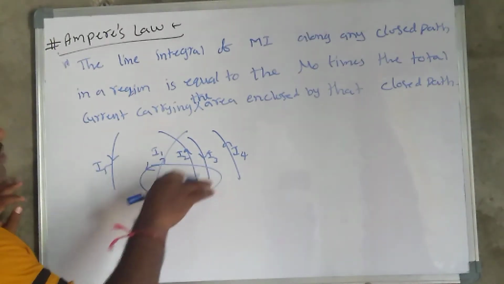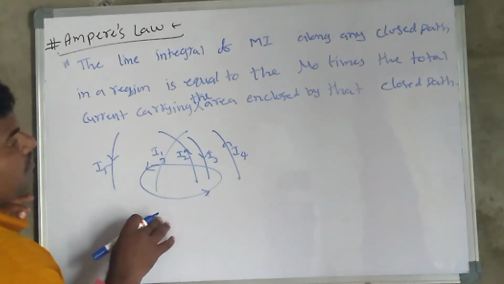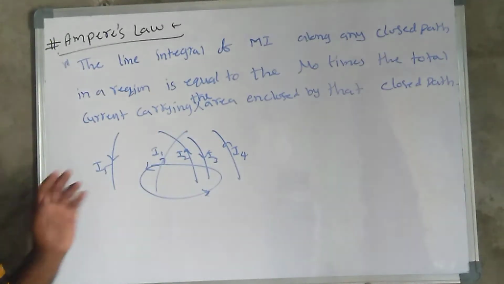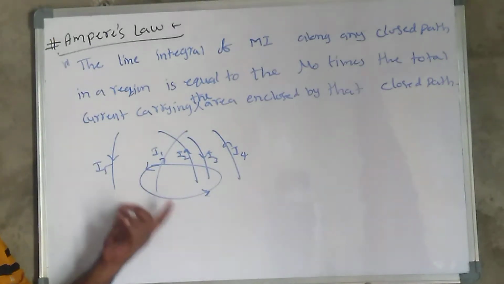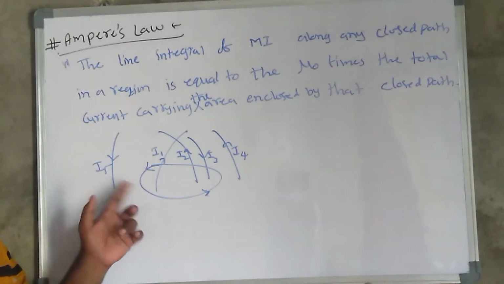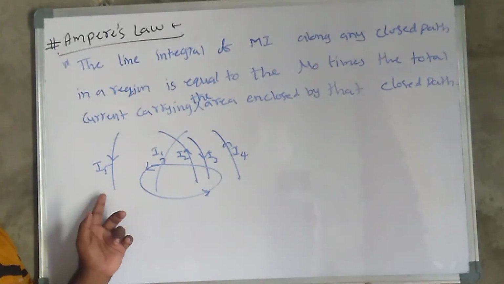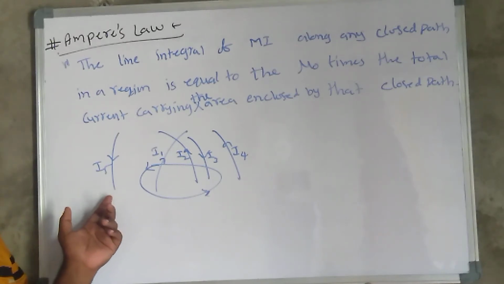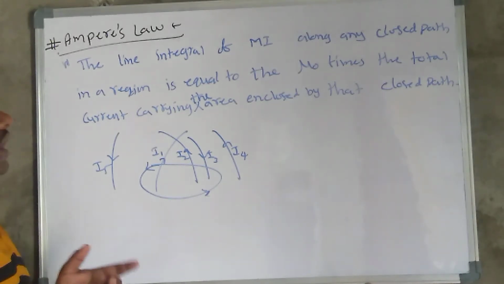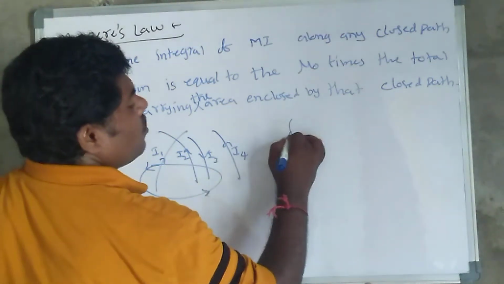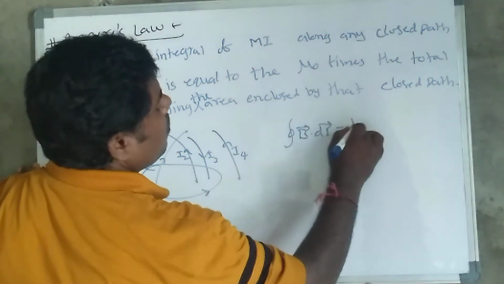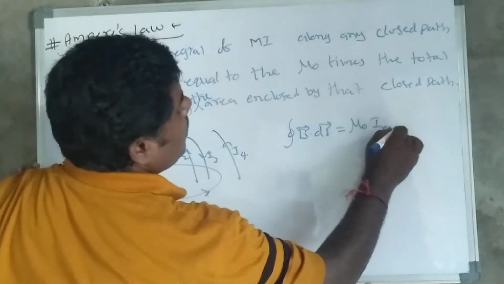Here, in this closed path, only three currents are enclosed: I1, I2, I3. You take the sum of these three. Outside this closed path are I4 and I5, and we won't take the I4 and I5 currents. According to this statement, the closed integral of B dot dl should be equal to mu naught into I enclosed.